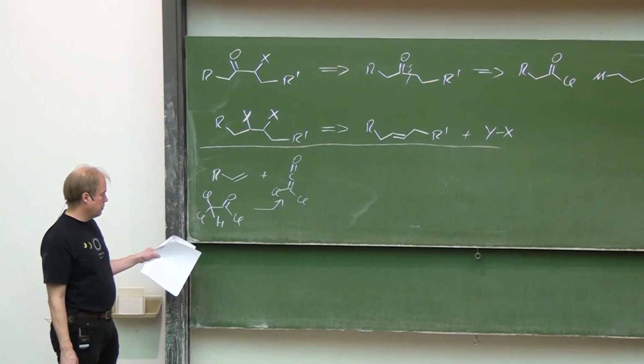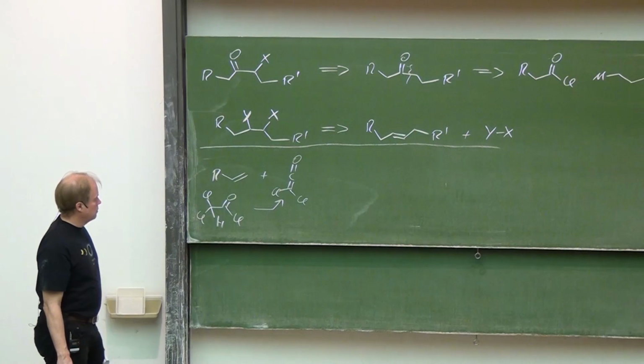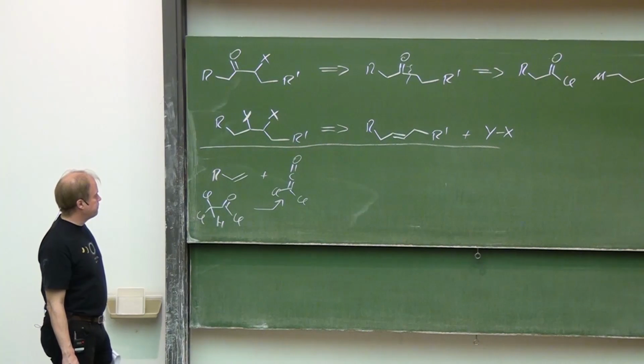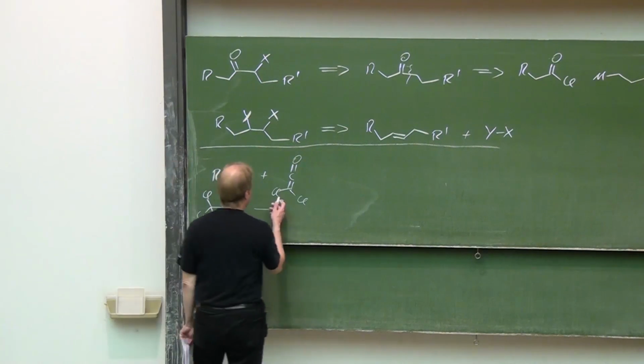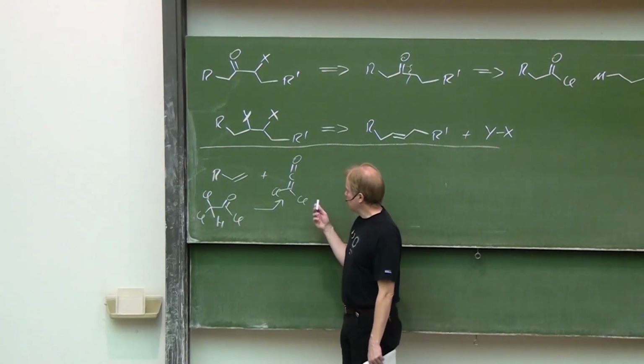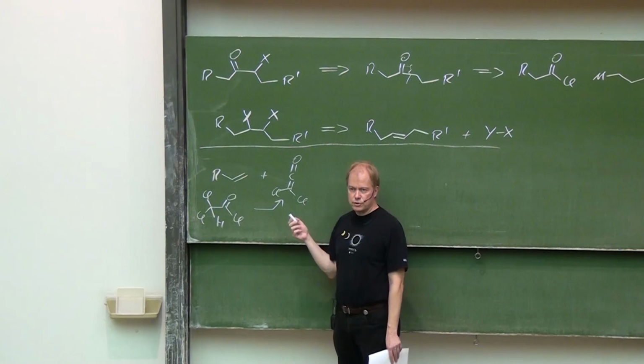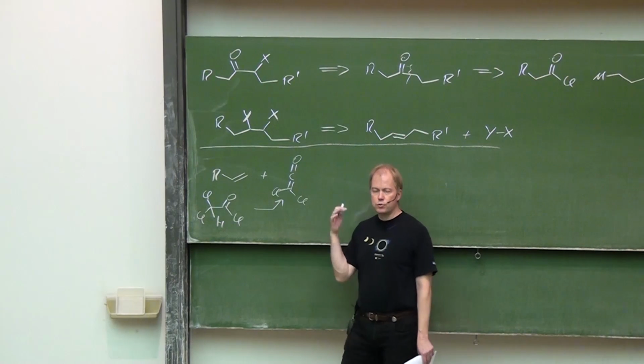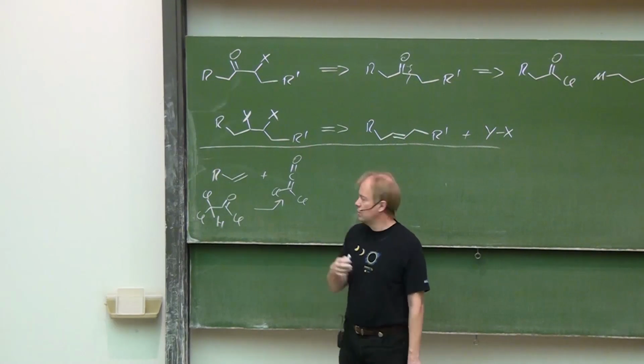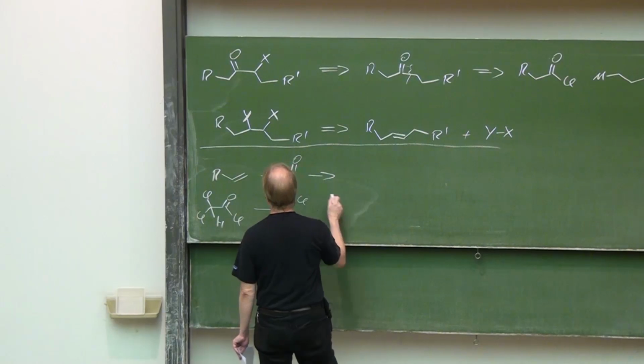Some tertiary amines are mainly applied for cases like that, and I think we talked about that these ketenes tend to give a 2+2 cycloaddition product.